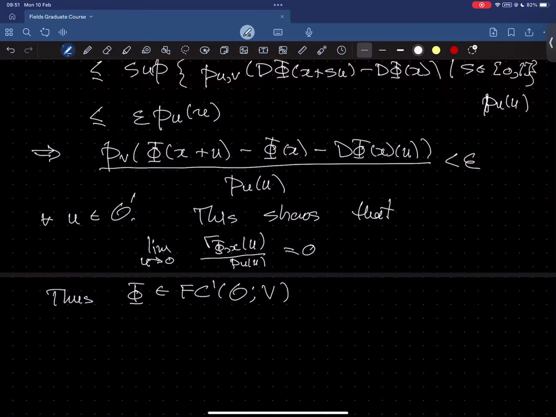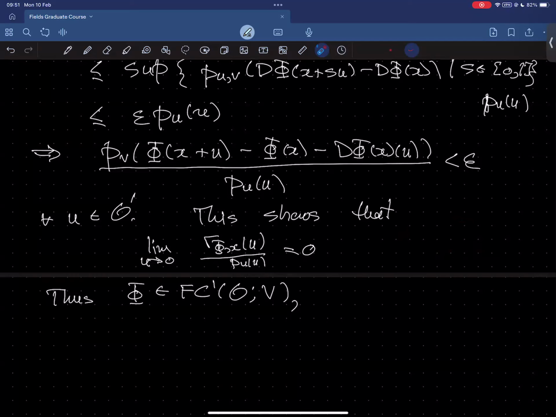And moreover, in order for phi to be an FC1, what I've shown is that the Frechet derivative exists for every x, but I still need to conclude that it's continuous.